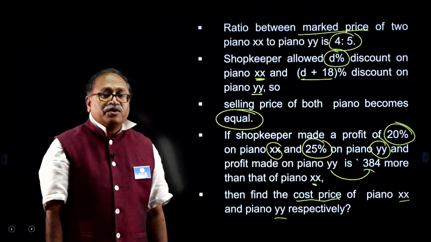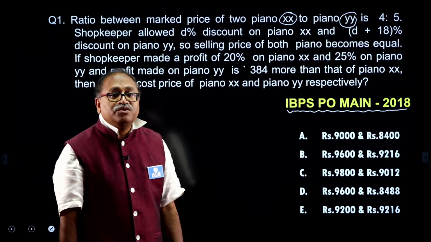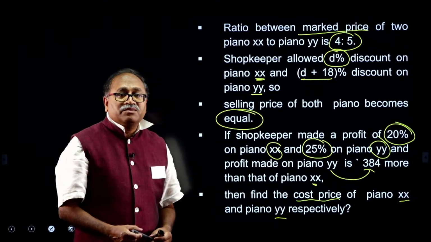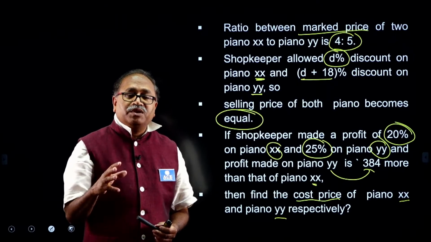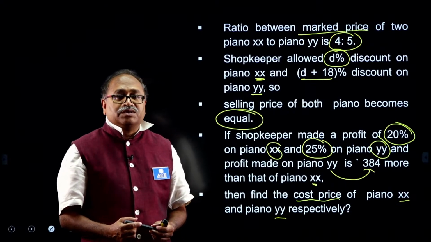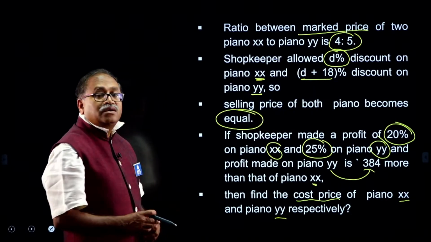Okay, a lot of information is there. Obviously, it is IBPS PO Main. So, when you are writing the PO examinations, you are expecting that you clear the exam. So, obviously, you have to prepare for the main questions too. So, let me give you the start and then you can do that.